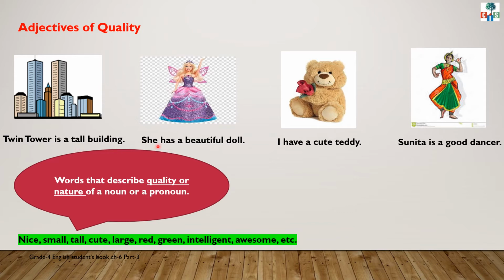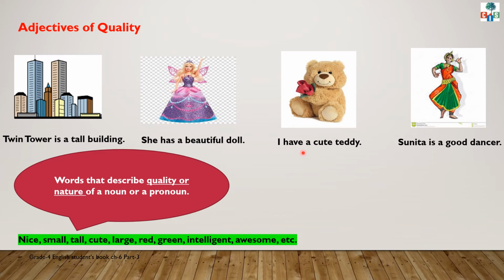See the next one. She has a beautiful doll. What is the noun? Doll. And before this noun, I have used a word, beautiful. So, beautiful is describing a doll. So, what is the adjective of quality in this sentence? Beautiful.